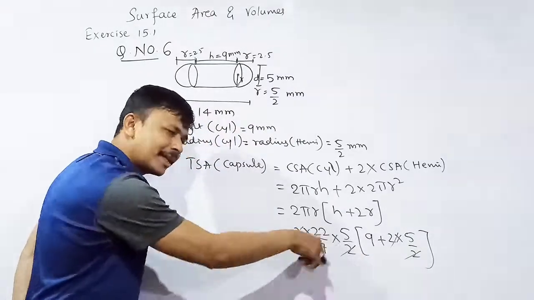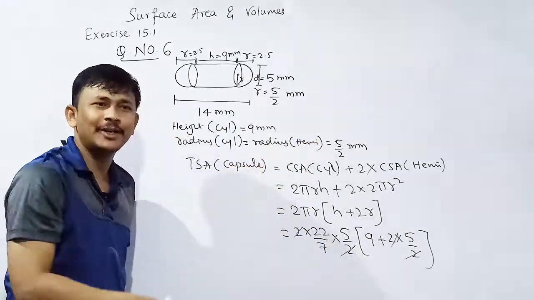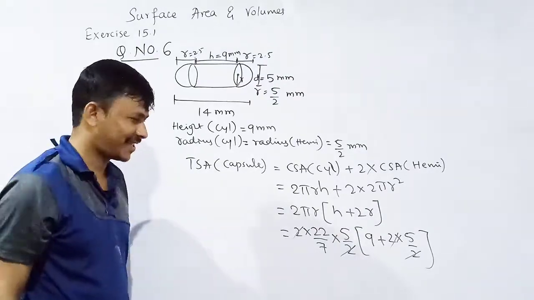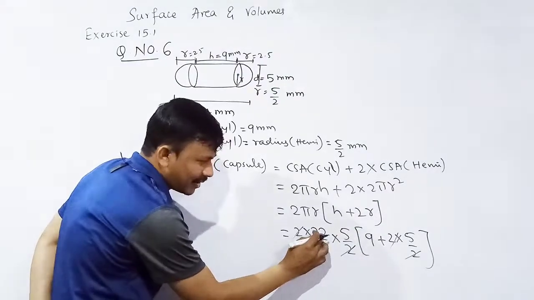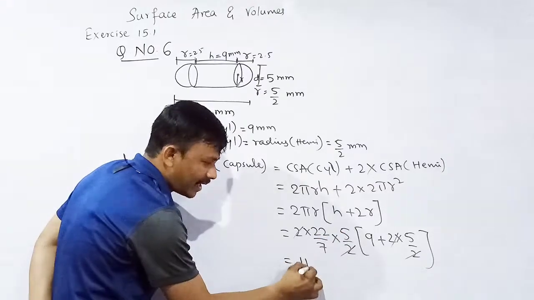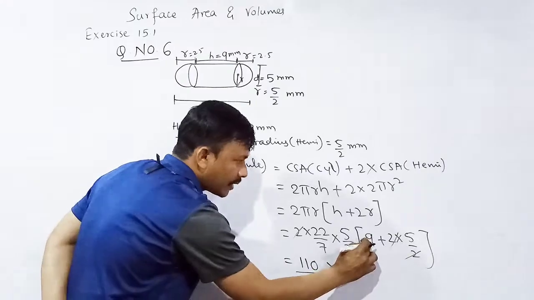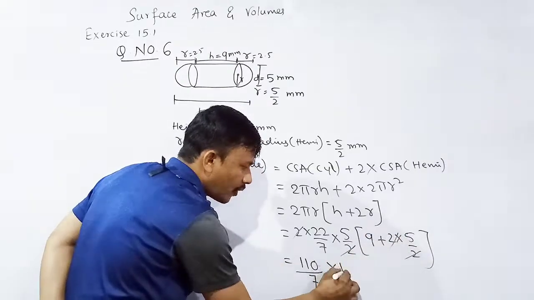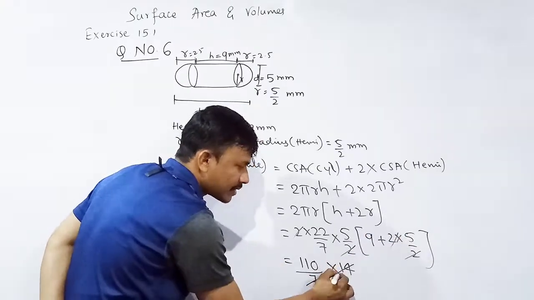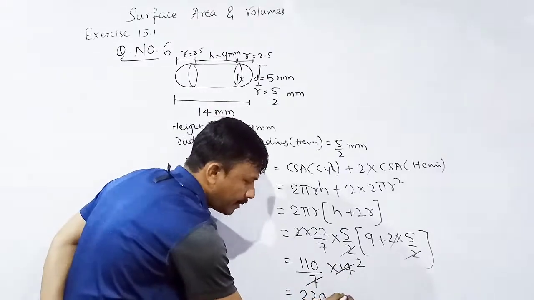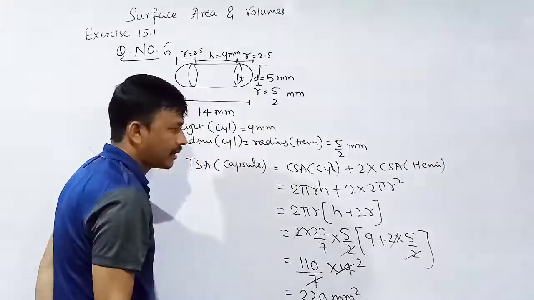See, I took 5 by 2 so it cancelled. If we had taken 2.5 we would have had to multiply. This is equal to 22 5s are 110 divided by 7 into 9 plus 5, 14. 2 1 7 1s are 7 2s are 14. Okay, 220 millimeter square is the answer.